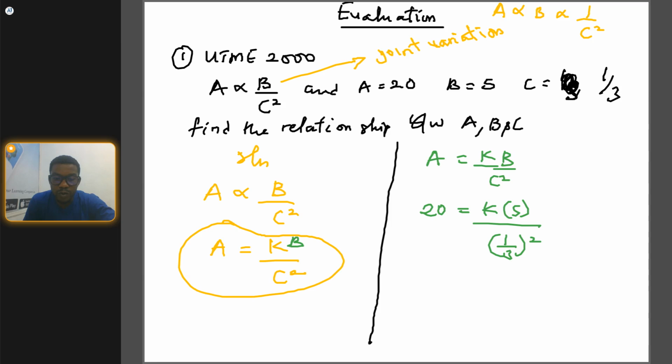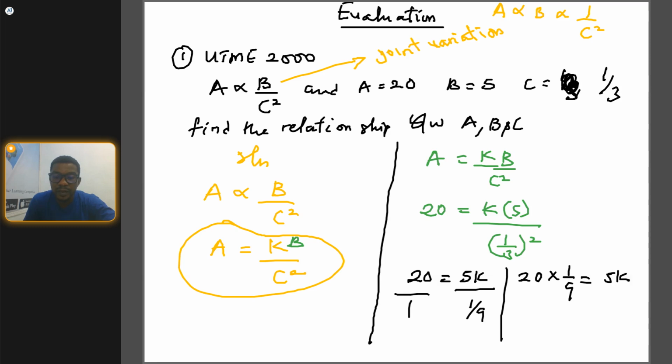Okay, so this will be 20 equals 5K over 1 over 9, which is the same thing as 20 times 1 over 9, by cross multiplication, equals 5K. When you simplify this, we have 20 over 9 equals 5K.